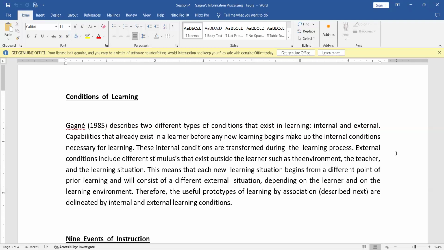So as a teacher, when you are presenting new knowledge, you need to make sure that the internal conditions are met. They have the capabilities needed for the understanding of the new knowledge. That is internal conditions.